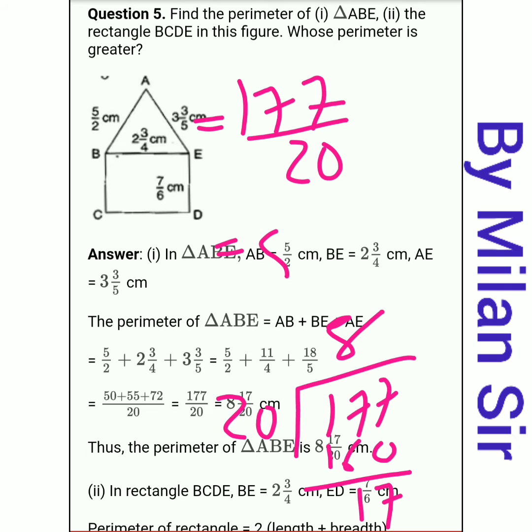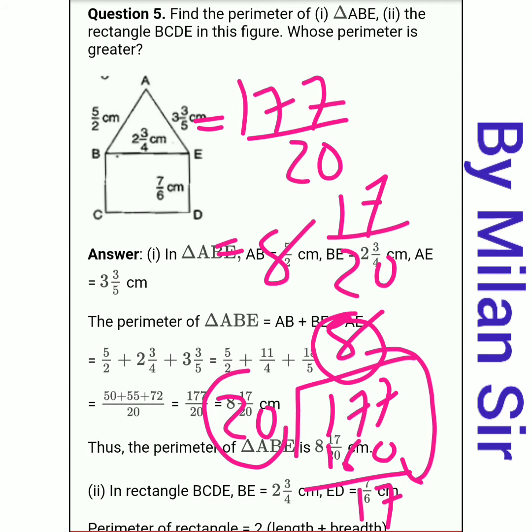So our integer part is 8, then 17 upon 20. This is the perimeter of triangle ABE, and at last we need to write the unit, centimeter. So the perimeter of triangle ABE is equal to 8 integer 17 by 20 centimeter.